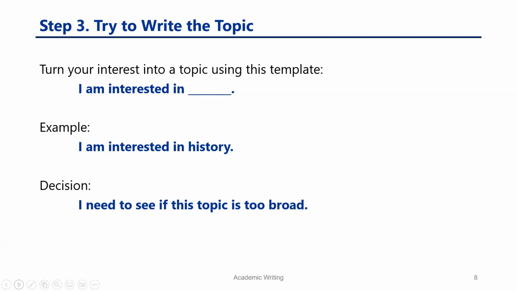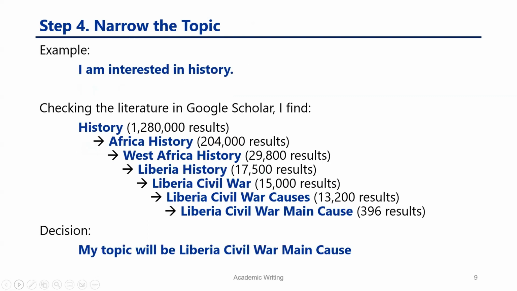I'm going to restate that interest using the template we see. I am interested in, so in my case, I will say, I am interested in history. Now, let's see if that topic is too broad. So I check Google Scholar and I type in history, and I get well over 1 million results.